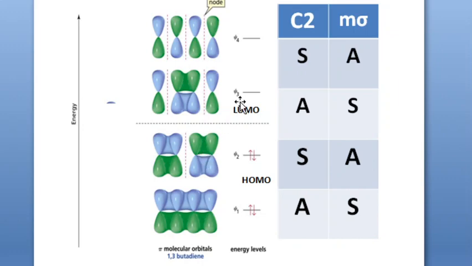Now coming to psi 3, how many nodes will it have? 2 nodes: blue-green node, green-green bonding, and green-blue node. Psi 4: blue-green, green-blue, blue-green nodes. So in between you have nodes.